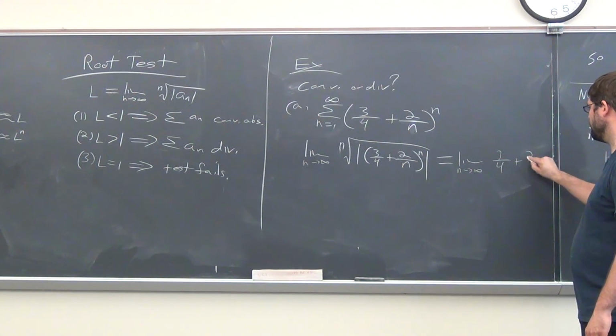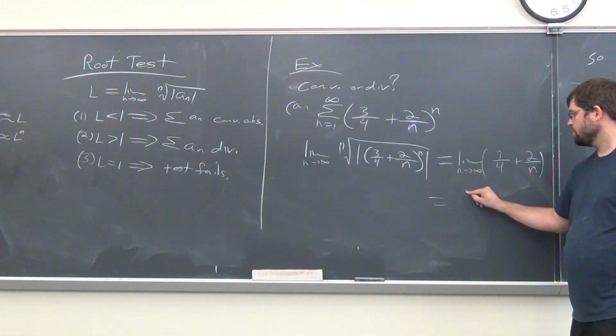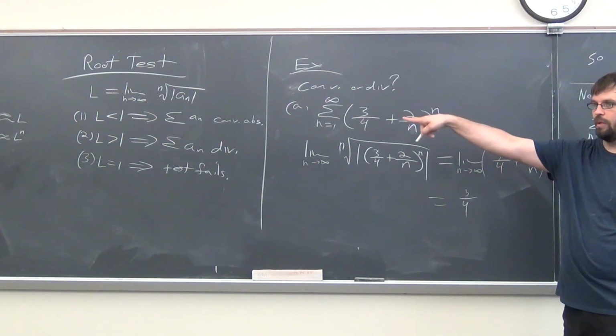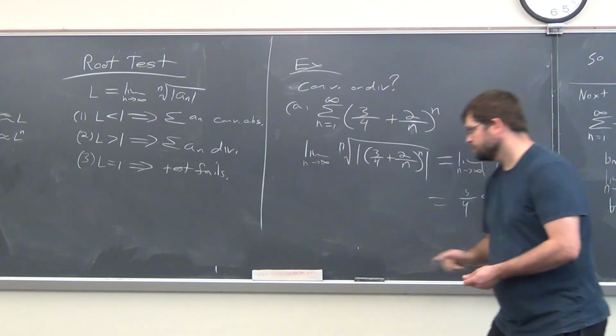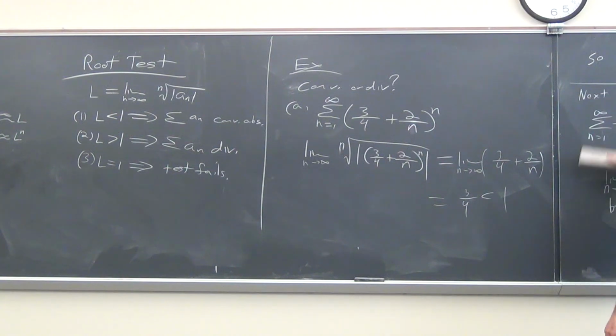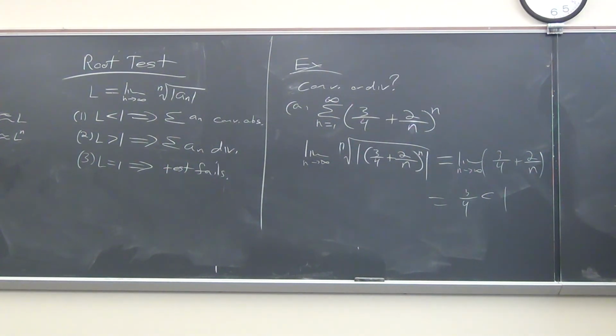They just cancel out and you just get that, right? What's that limit? 3/4. Compare it with 1, it's less than 1. And so, absolutely convergent, right? So does 2 over infinity just get a 0? Yeah. That's what 3/4. Yeah.